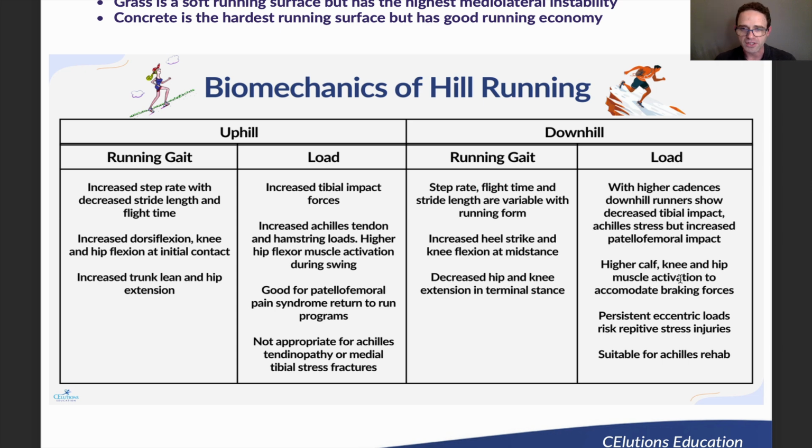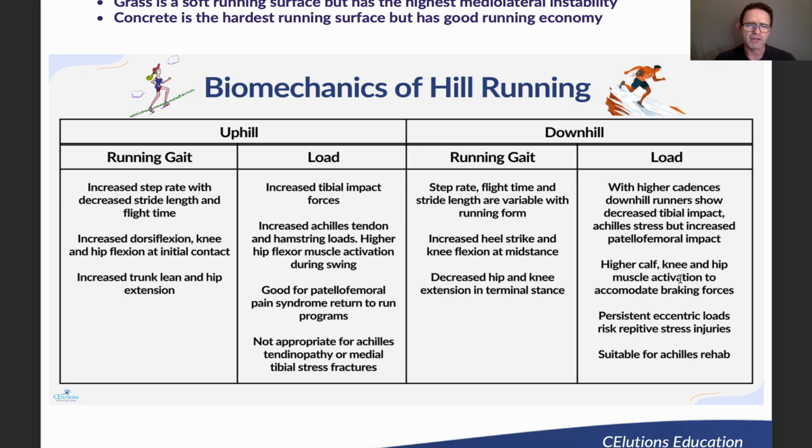We're going to have more load to the gluteals, more load to the quadriceps when we're running downhill. And actually, believe it or not, we're going to have a higher load to the calf as well. Think about how the calf crosses the knee. It's going to keep that knee extension, or it's going to keep that moment, that flexion from occurring, basically. So all those are important to note.